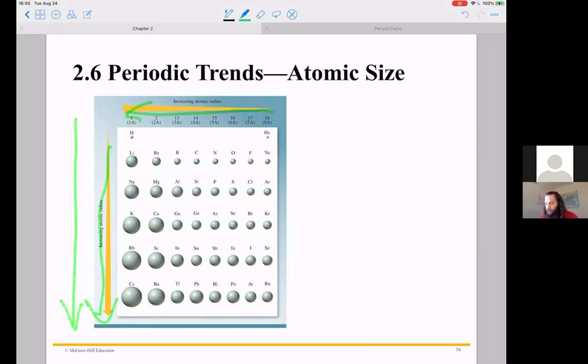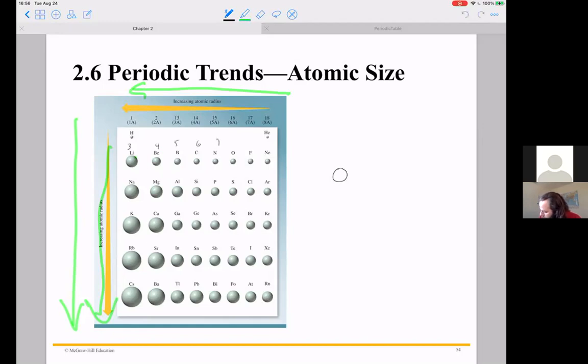They get larger going down the period, but then they get larger going from right to left, right? So the one way makes sense. The other way is a little counterintuitive. And we can discuss why that is. It actually has a lot to do with the Bohr model of an atom. If we think about it, a lithium atom, okay, let me actually include these.